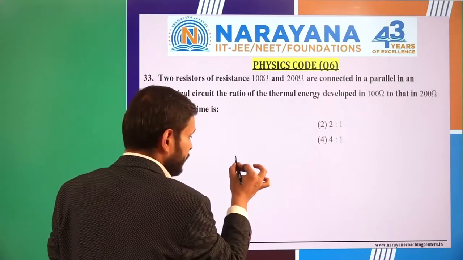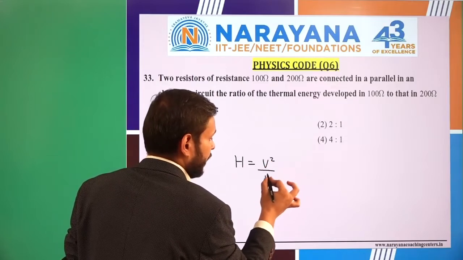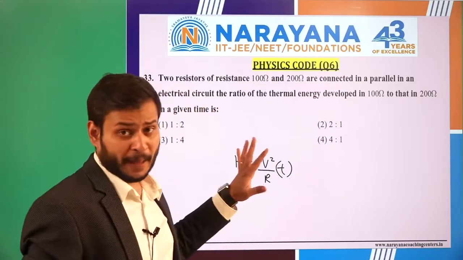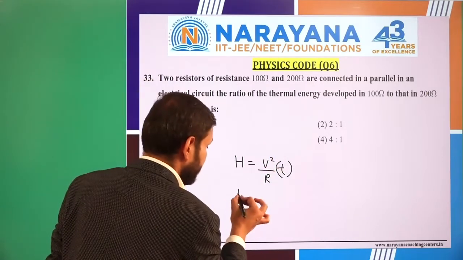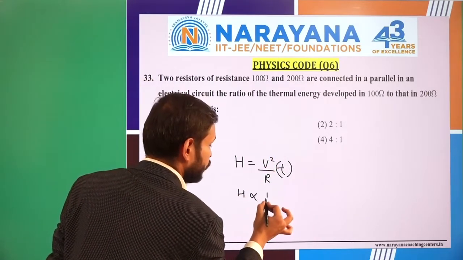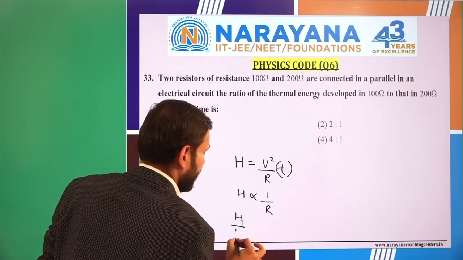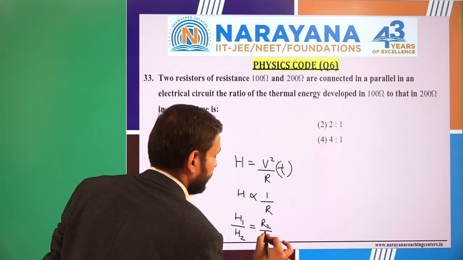So it's better if we just use this formula, that is V square by R into T. Now since both are in parallel, V will be same and time is given, so T will be also same. So heat generated will be inversely proportional to the resistance. So we will say H1 upon H2 will be equal to R2 by R1.